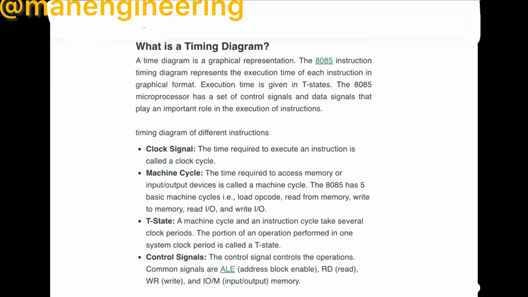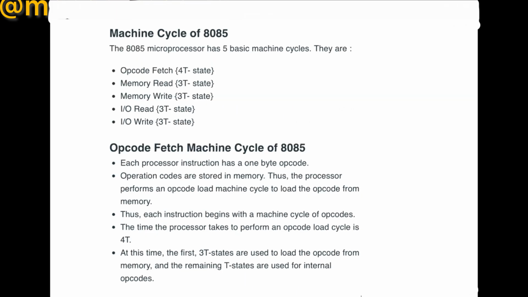T-state. A machine cycle and an instruction cycle take several clock periods. The portion of an operation performed in one system clock period is called a T-state. Control signals. The control signals control the operations. Common signals are ALE, read, write, and IO/M, memory.